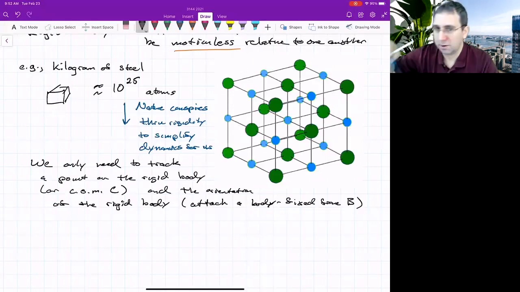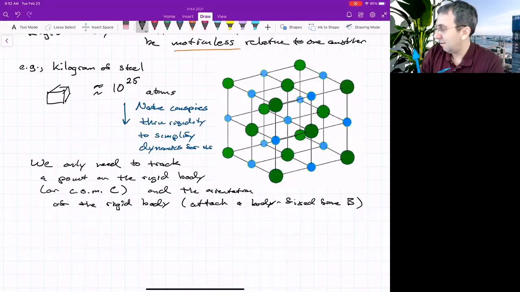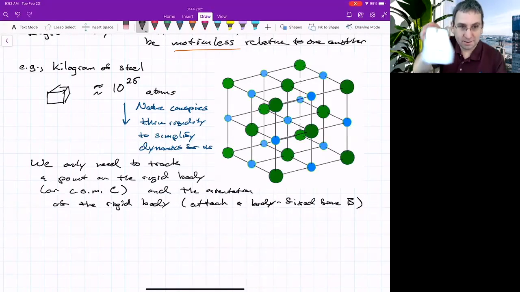Let me get my arrows for the blue frame that I'm going to attach to a rigid body. All right, here's a rigid body. Attach a frame to it.